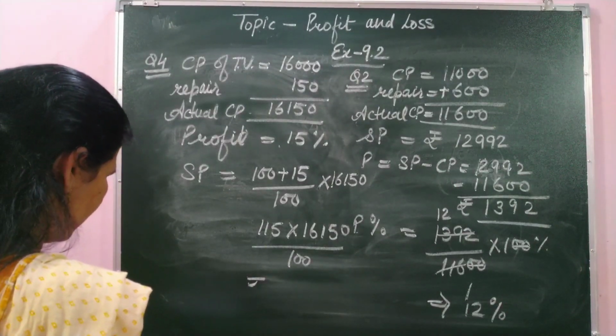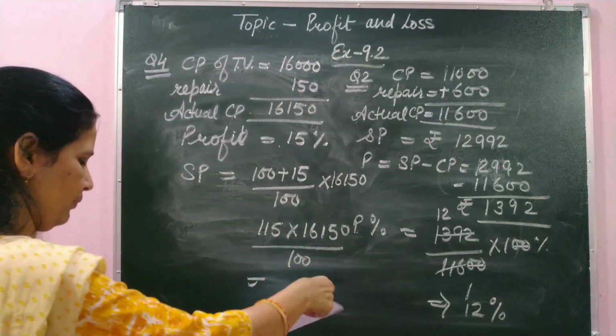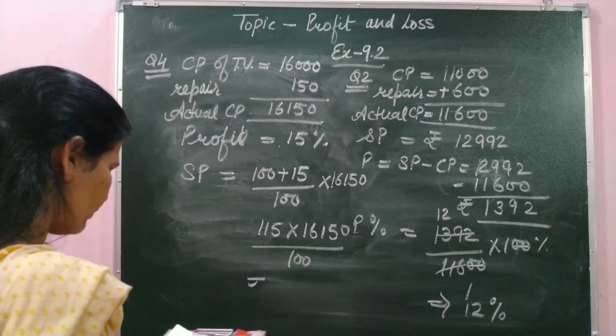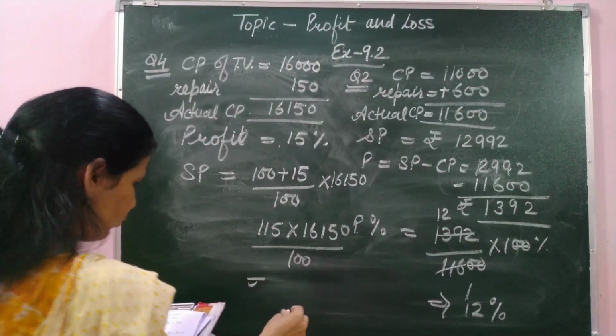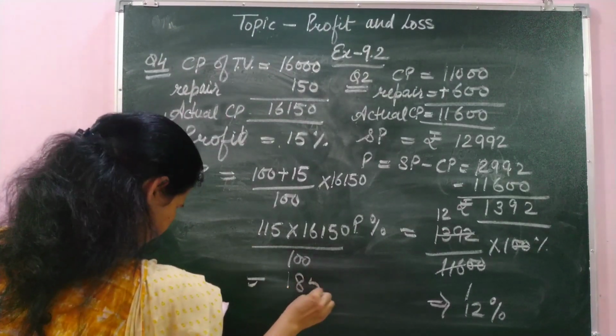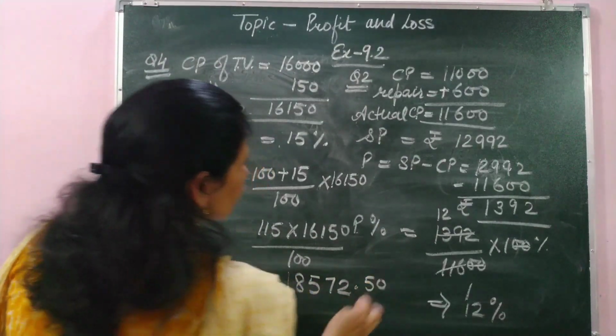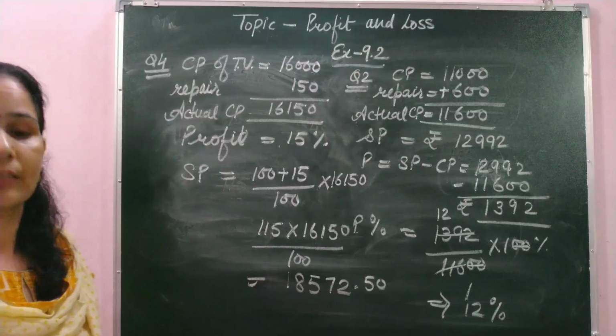After the calculation, when we cancel out, we get the answer 18,572.50 paisa. This is the selling price of that television.